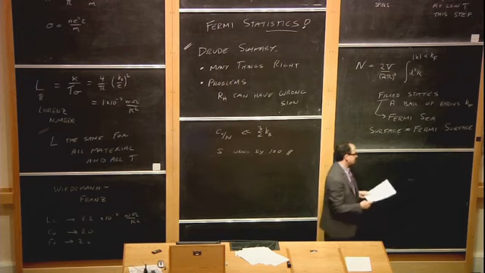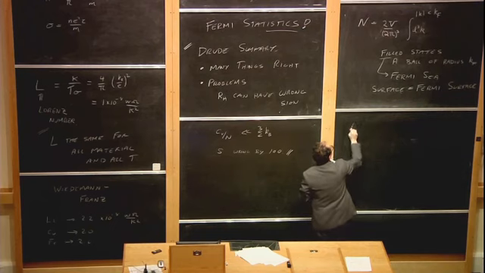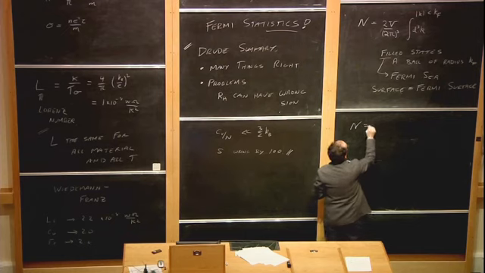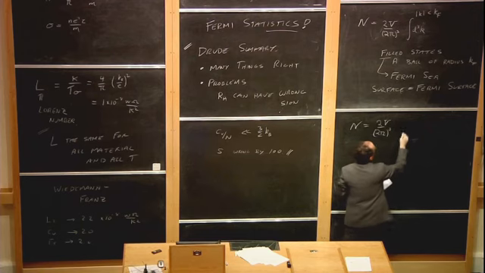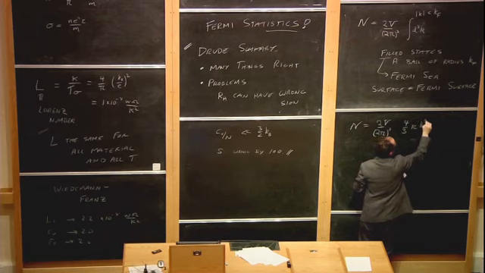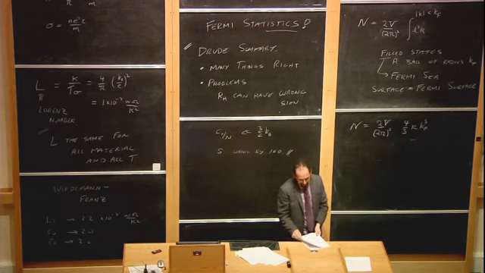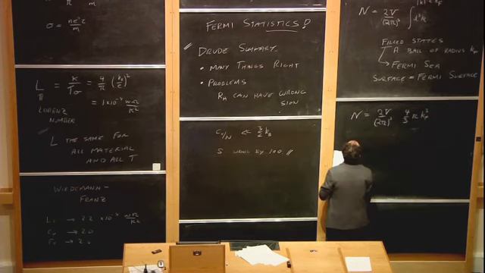Good? All right. So last thing we have to do is we have to actually calculate the volume of that sphere, the volume of that ball. So we have 2V over (2π)³, and the value of that integral is just going to give us the volume, which is 4/3 π k_F³. And then with a little bit of rearrangement, we can move the V over to this side, cancel some factors.